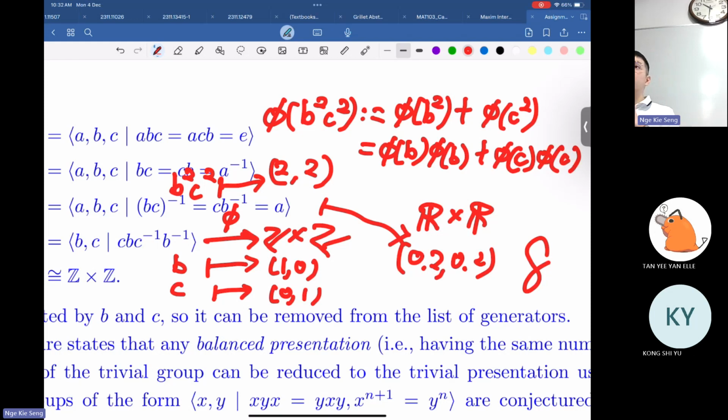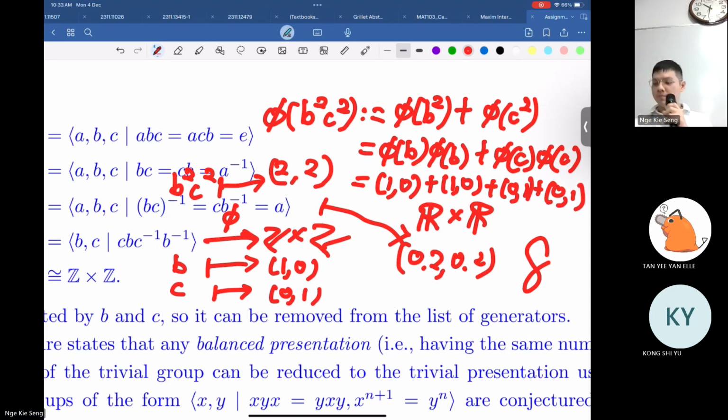It's like a vector space: you just define the linear transformation on your basis, because you can use linearity to split your element. So this is (1,0) plus (1,0) plus (0,1) plus (0,1), which is (2,2). Is it okay?